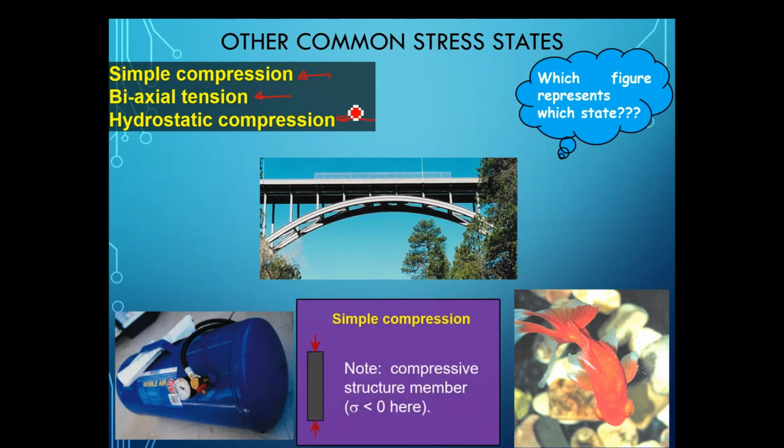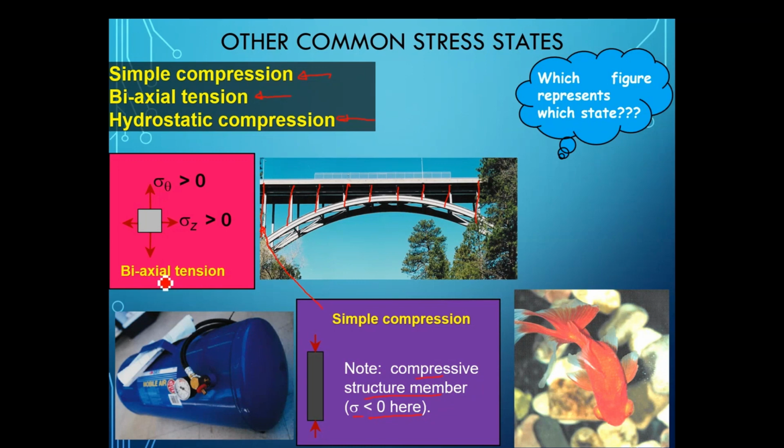Very good. So simple compression is where you have compressive load being applied. Note that for a compressive structural member, stress would be less than zero since the direction is represented by a negative number. These bars are under compressive load, so simple compression is this one. Biaxial tension is where you have stress acting in two directions and the stresses are greater than zero.